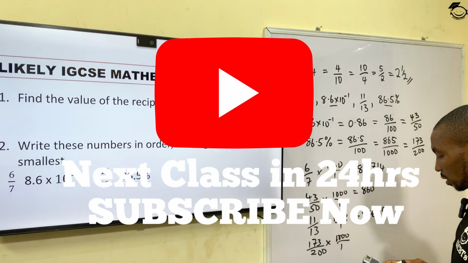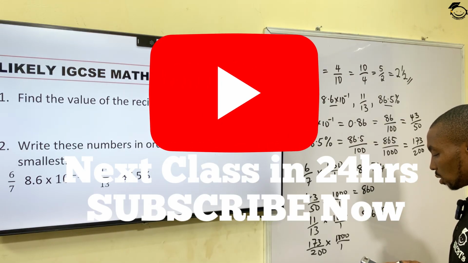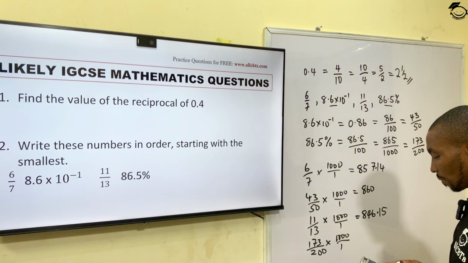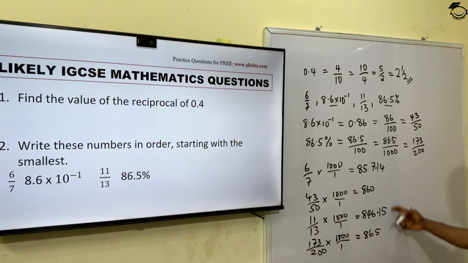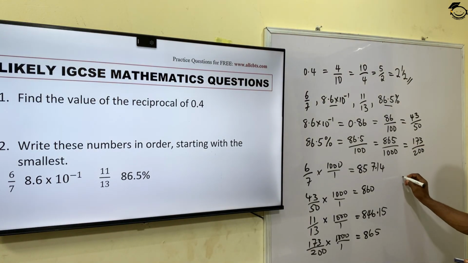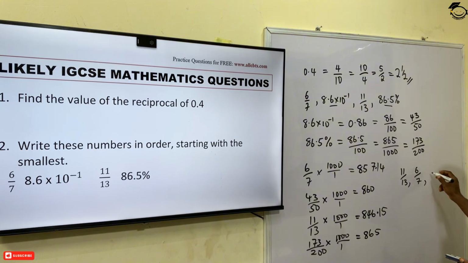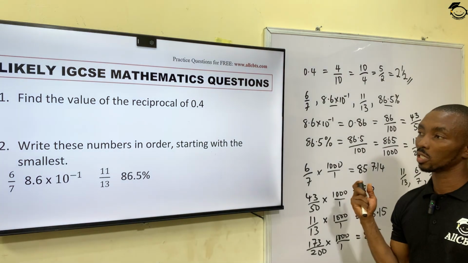And 1,000 divided by 200 times 173 gives us 865. Among these numbers, the smallest is 11 over 13, followed by 6 over 7, then 43 over 50 and 173 over 200. So we've arranged it from the smallest number to the largest number.